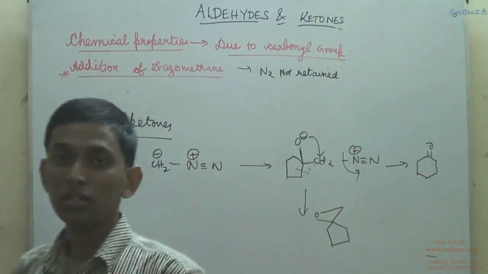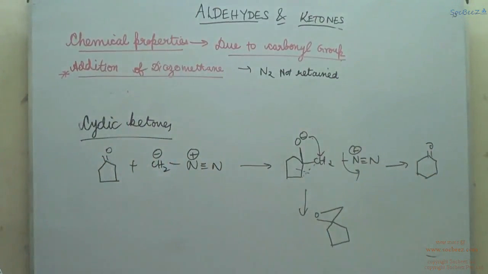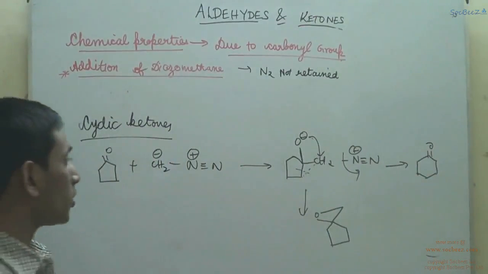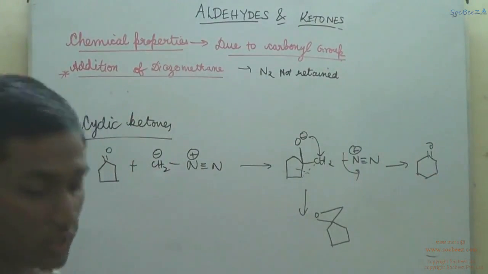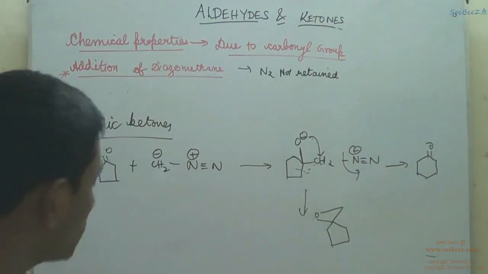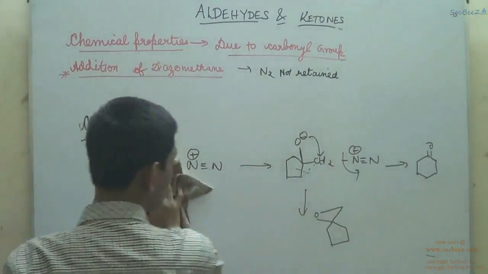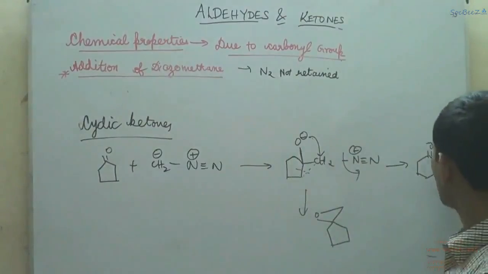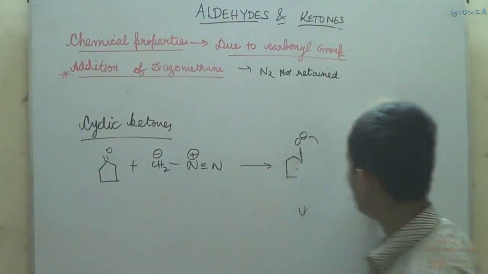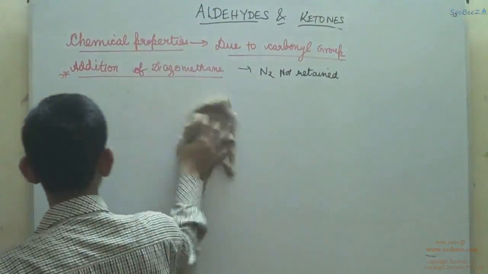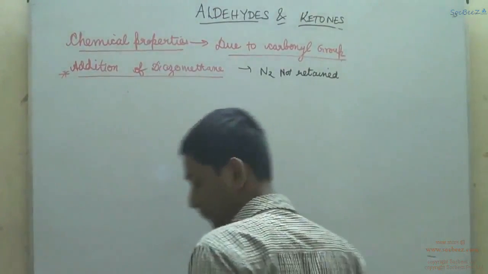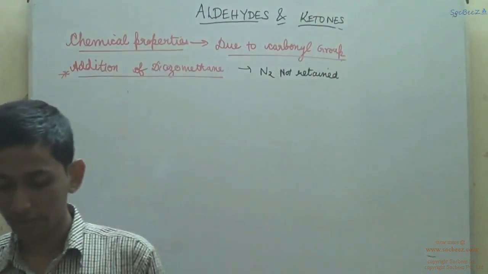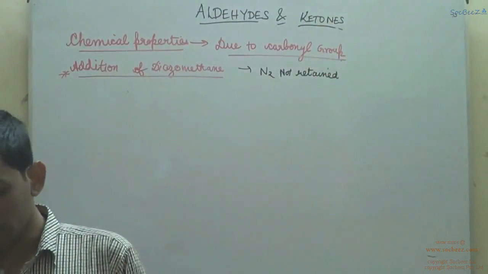So even normal open chain ketones can give a product of the next homologous series by this method. Cyclic ketones give two products. One is the oxirane, and the other is a ketone of a higher carbon number, that is of the next homologous series. So that was reaction with diazomethane.